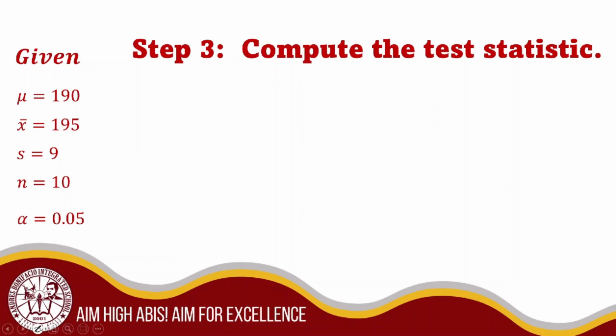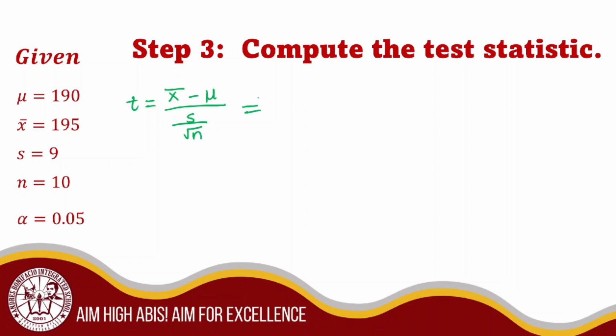Okay? So, first, let us write the formula for the t-test. We have t equals the sample mean minus the population mean all over the standard deviation over the square root of n. So, we substitute.